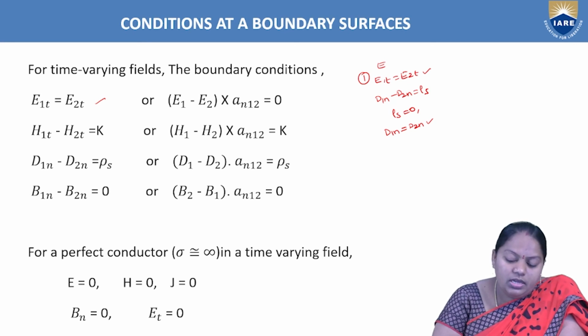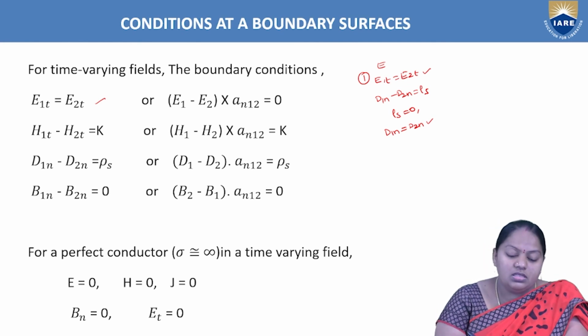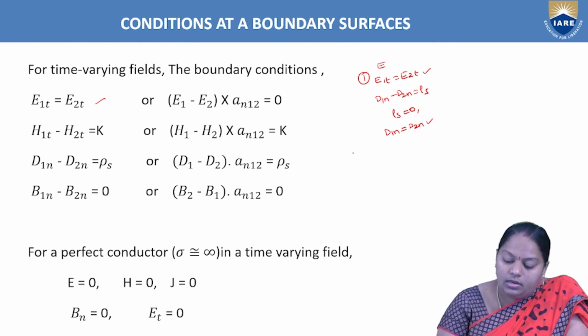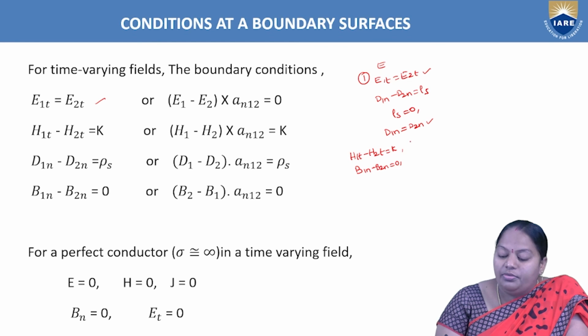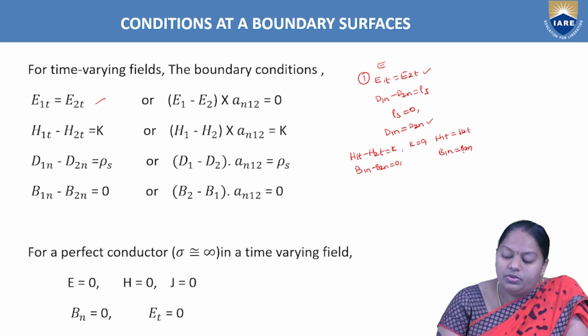Similarly, the two boundary conditions that exist in magnetostatic fields are H1t minus H2t equal to K, and B1n minus B2n equal to 0. If K equal to 0, then H1t equal to H2t and B1n equal to B2n.